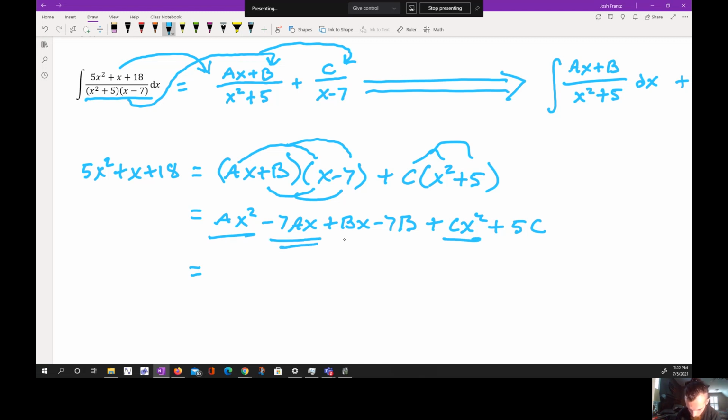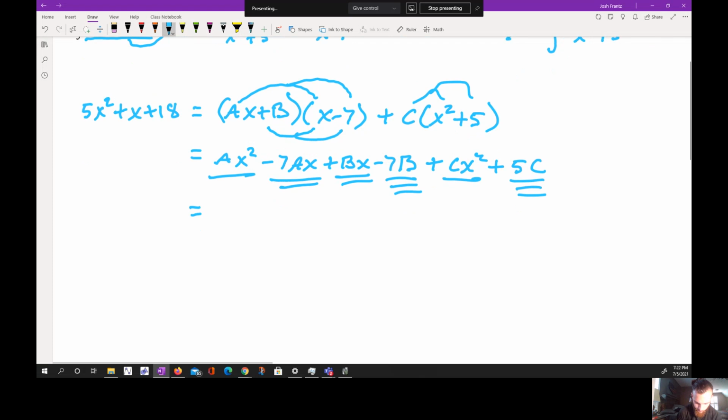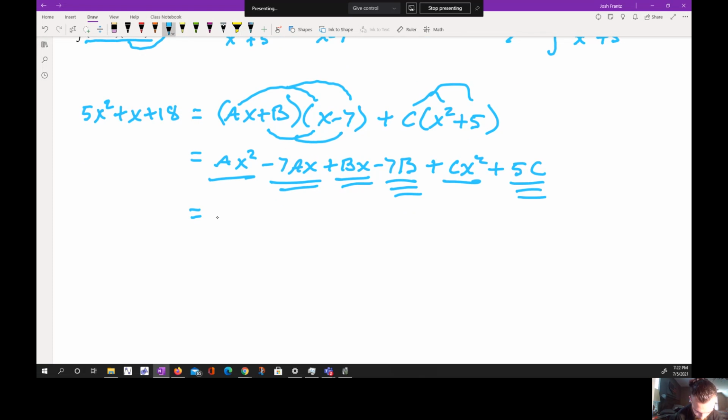This goes with this guy. And our constants. We'll write it in standard form, so we'll put our x squareds first. Ax squared plus cx squared, minus 7ax plus bx, minus 7b plus 5c. Perfect.